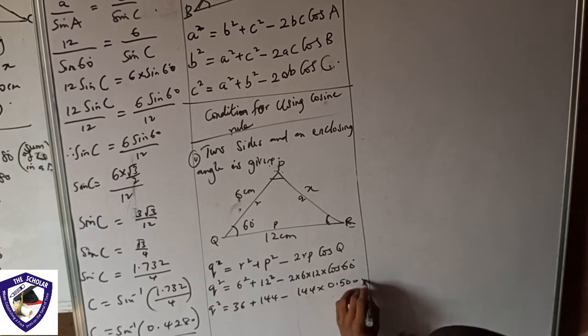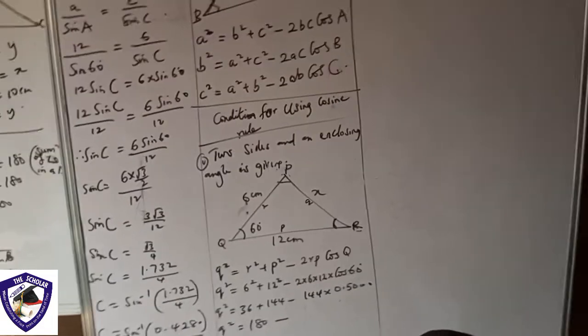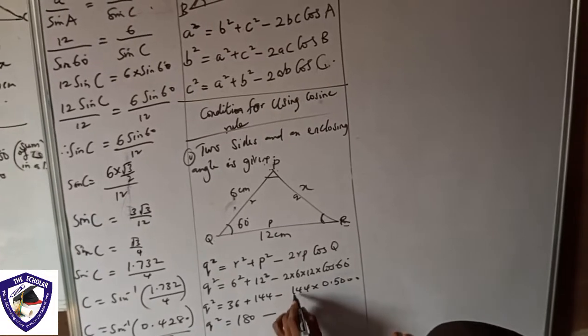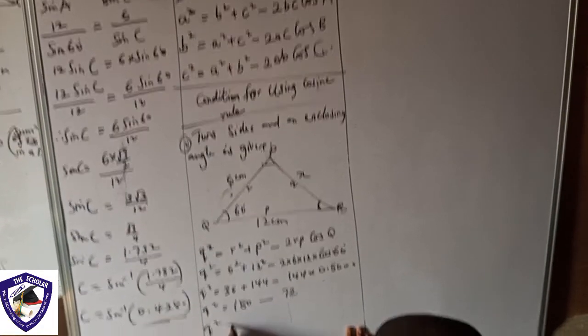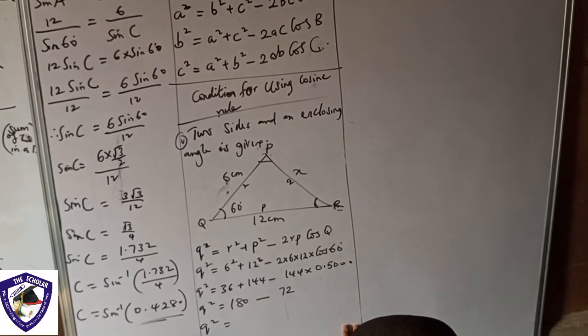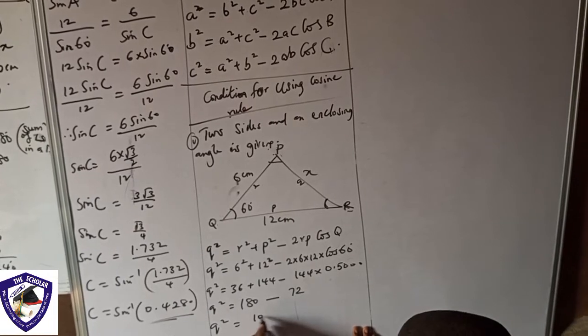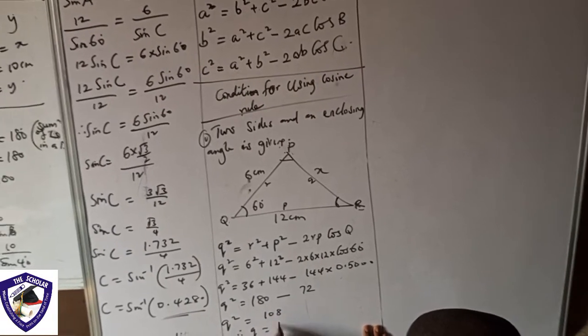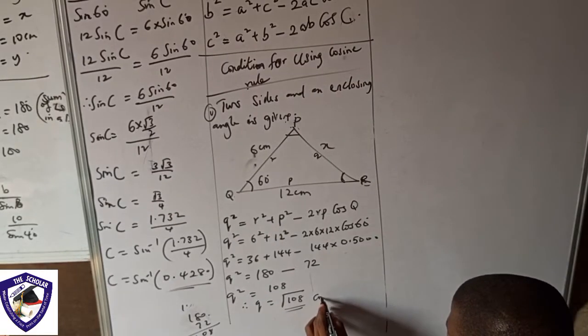So that gives me q squared is equal to 180 minus 72. So q squared is equal to 108. Therefore, q is equal to the square root of 108, and that gives us our answer in centimeters.